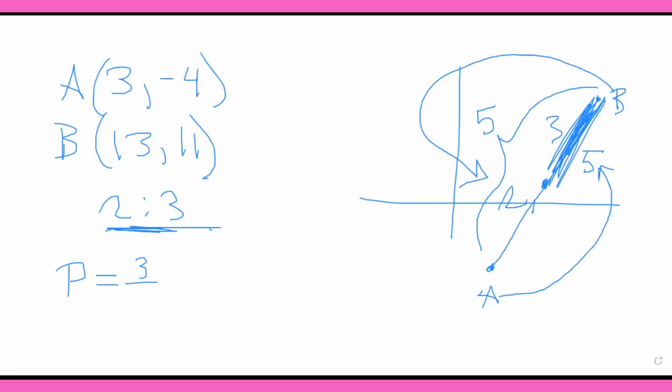I always just think it's the opposite of the endpoint that it's closest to. So 3/5 is the A, and I'm going to add that to 2/5 times the B coordinate.